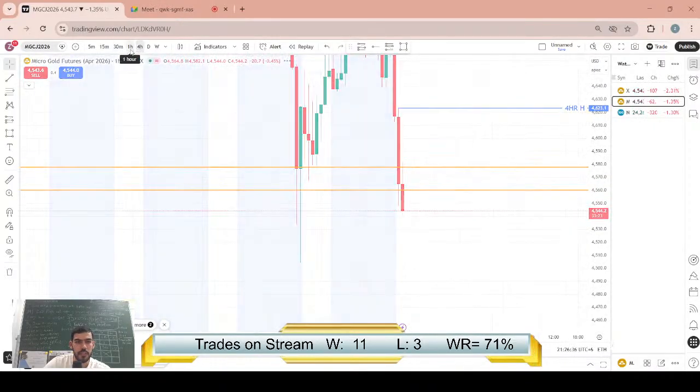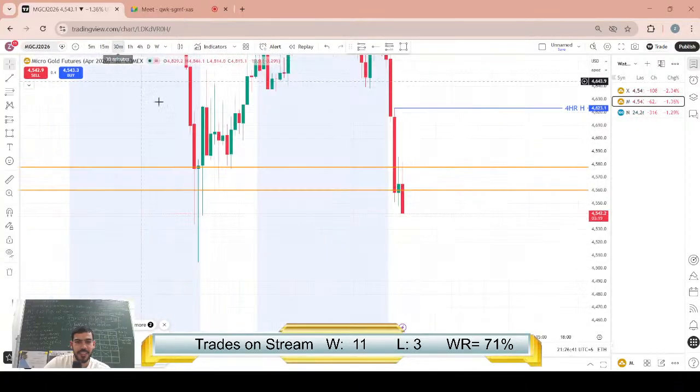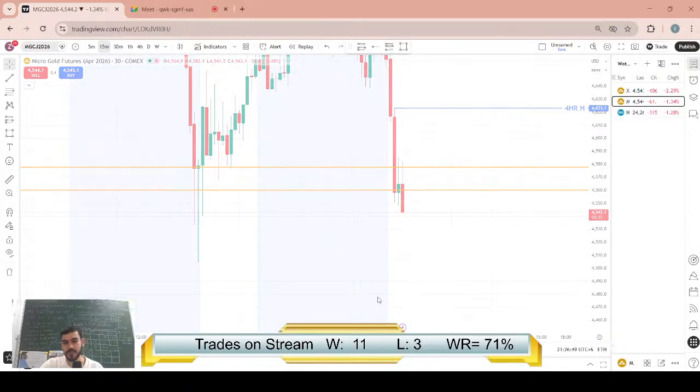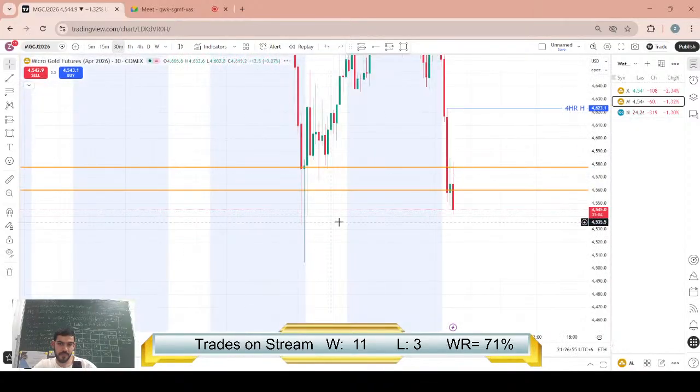So let's see, is it going to melt? I think so, it actually filled the wick, it didn't move up.